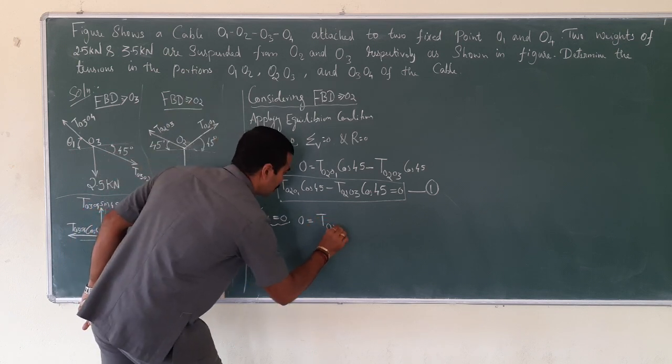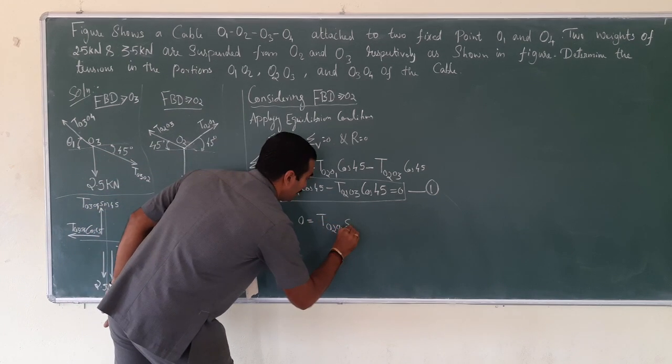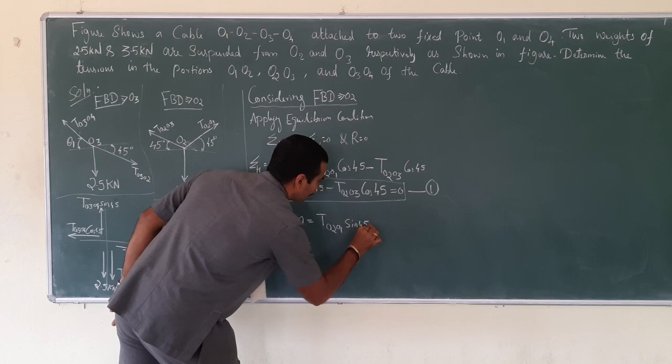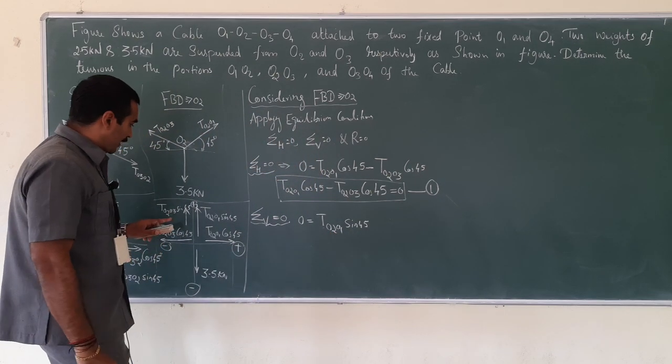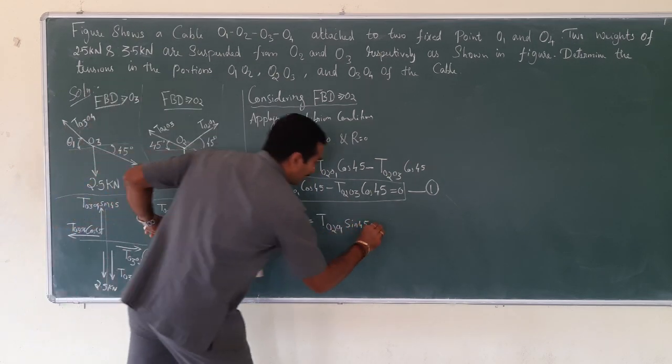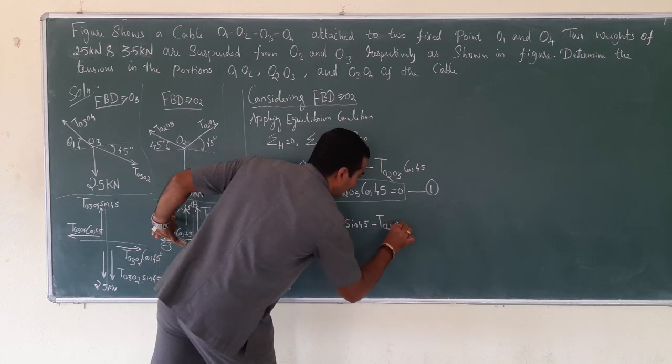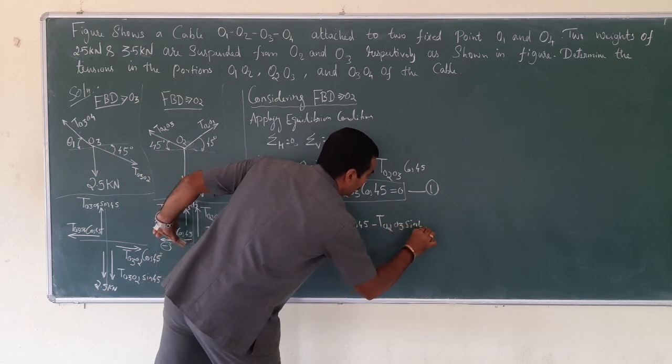So this magnitude is TO2O1 sin 45, right? And in the second quadrant, a magnitude of TO2O3 sin 45, right?